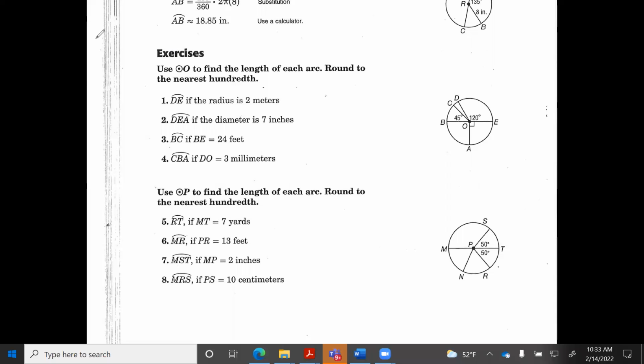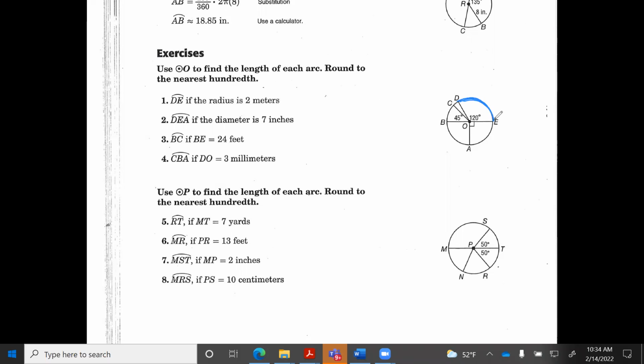So on here we have DE. Let's see, DE is right here. There's DE. We want that arc length. Well, they gave us the radius is 2 meters. They told us that that piece has a measure of 120.